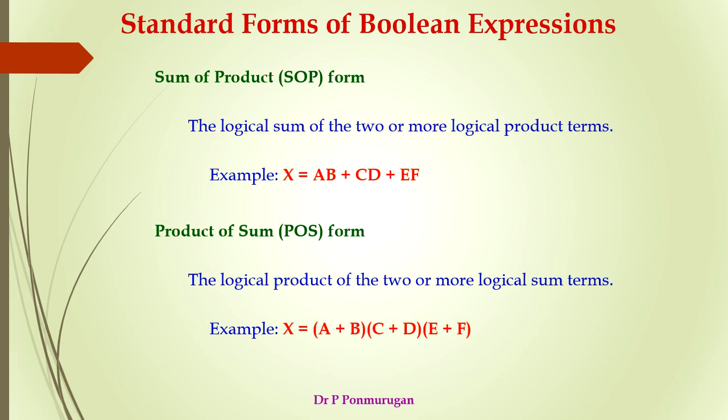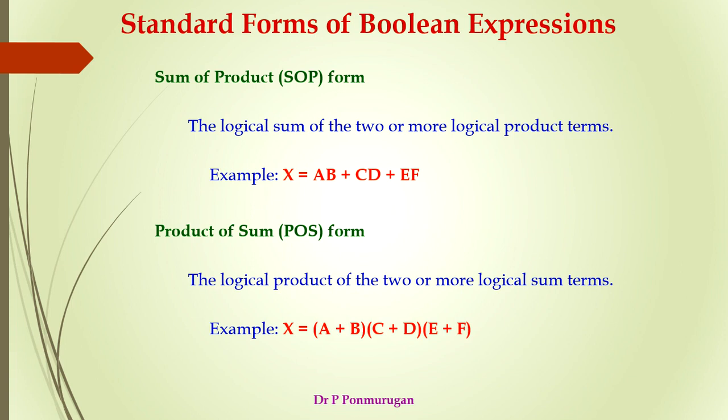In the first term AB, the variables C, D, E and F are missing, and in the second term CD, the variables A, B, E and F are missing, and in the last term EF, the variables A, B, C and D are missing. Since each term doesn't have all the variables of that expression, this is not a standard form of expressing a Boolean expression.